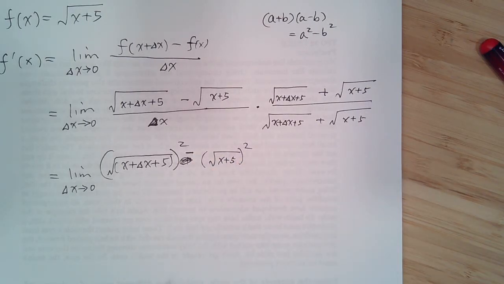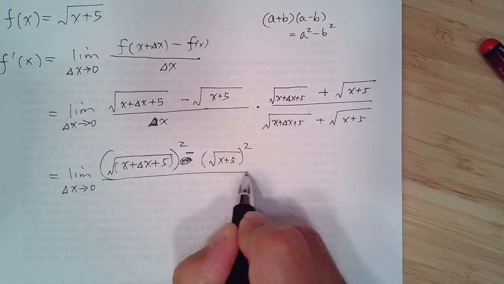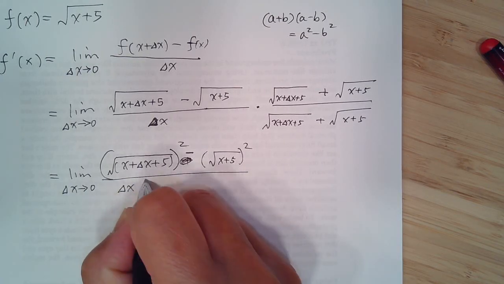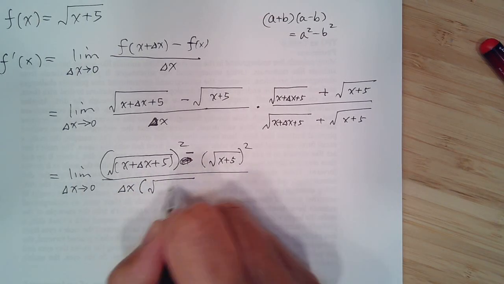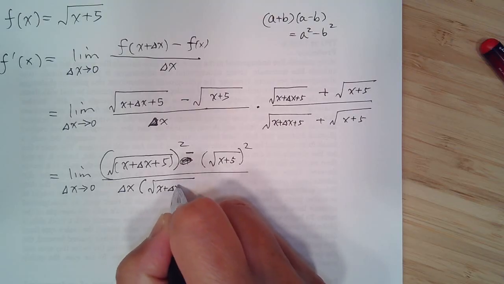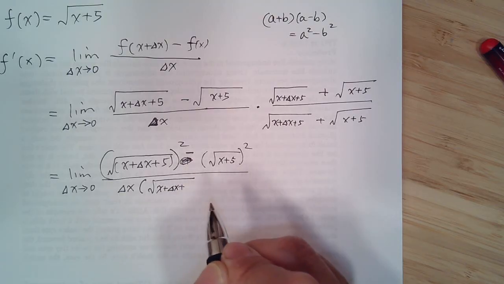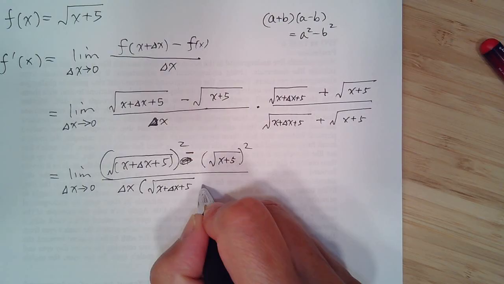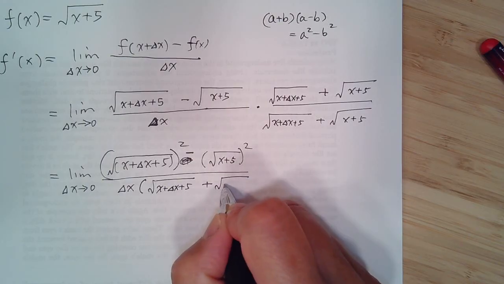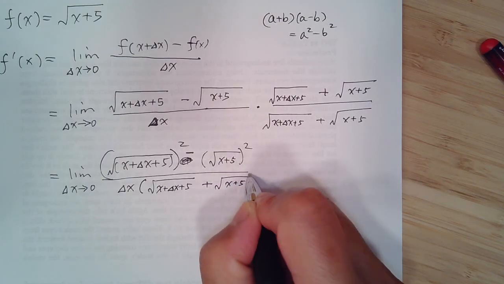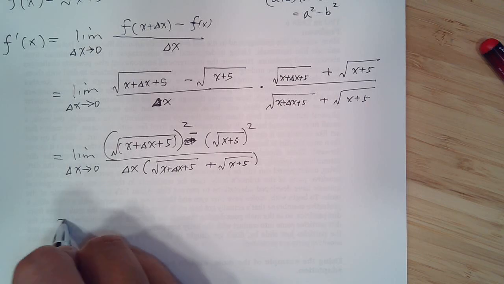Okay? And then divided by delta x multiplied by x plus delta x plus 5 plus x plus 5. Looks complicated, but it's not too bad. We'll see.